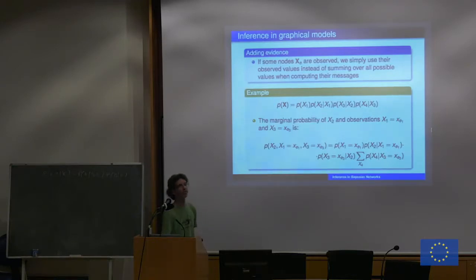Now, you do this message propagation step, but when you go for x1, instead of summing over x1, you plug in the value of the evidence. When you go for x4, you sum over x4. When you go for x3, you plug in the value. So anytime you have evidence, instead of summing, you plug in the value.